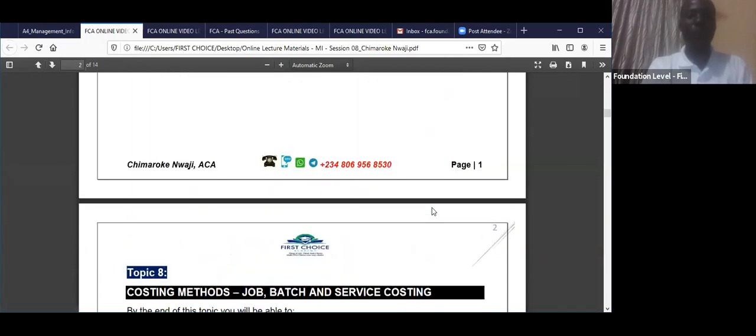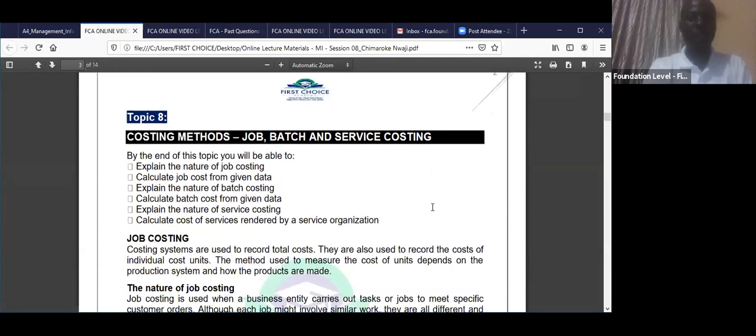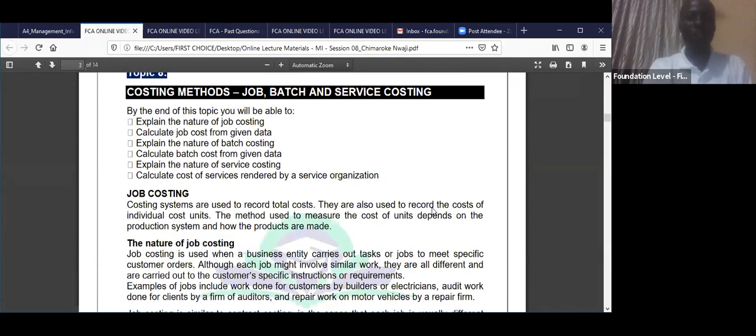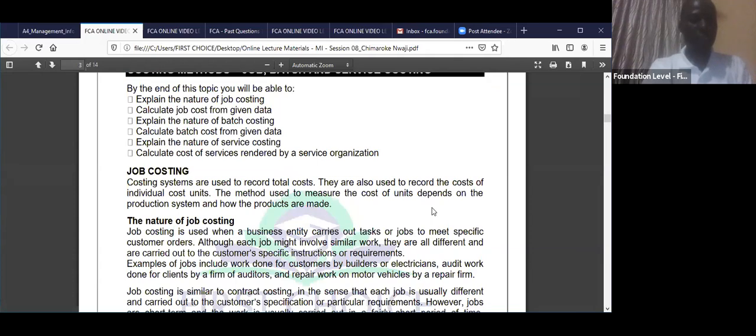We looked at job costing, and we said that job costing is like relevant costing. It's also like contract costing because it is specialized. It is specialized for the customer.